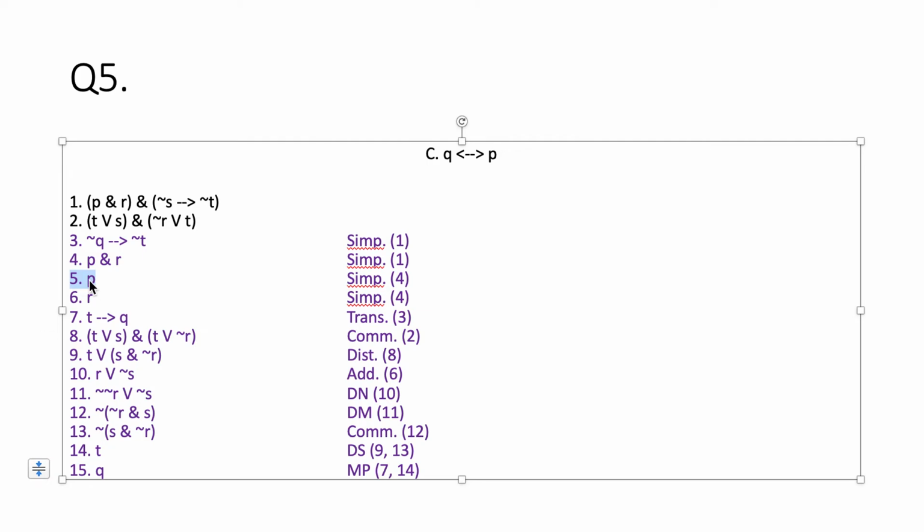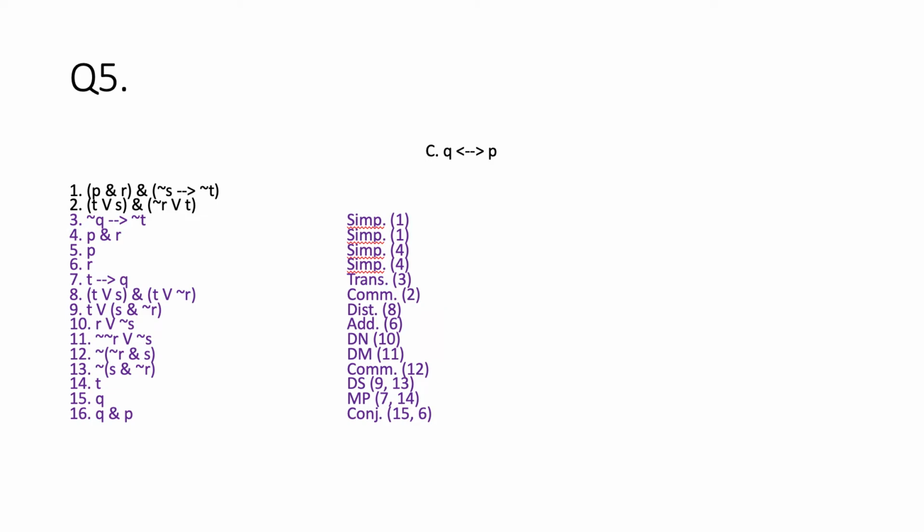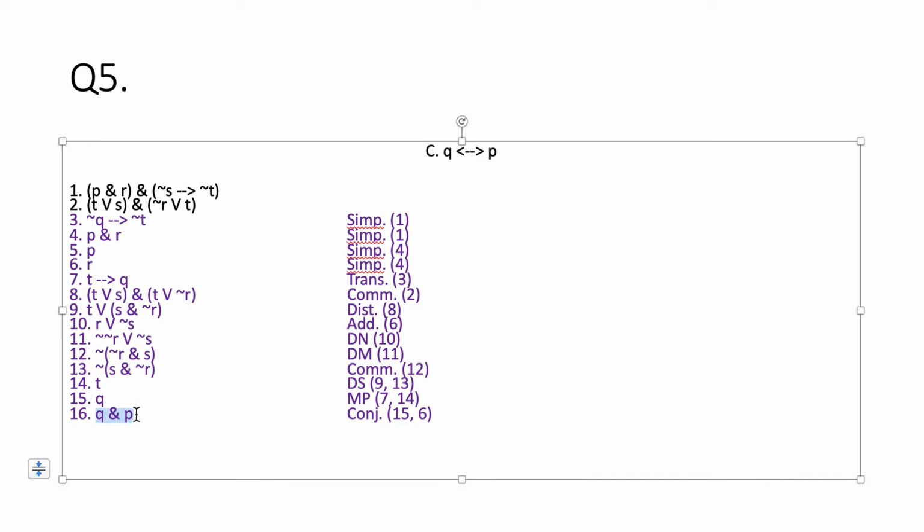So I'm going to put P and Q together by conjunction on 15 and 6. And now I have this complex sentence. I can just add anything to that via the rule of addition. So I can get everything I need to then make a biconditional.